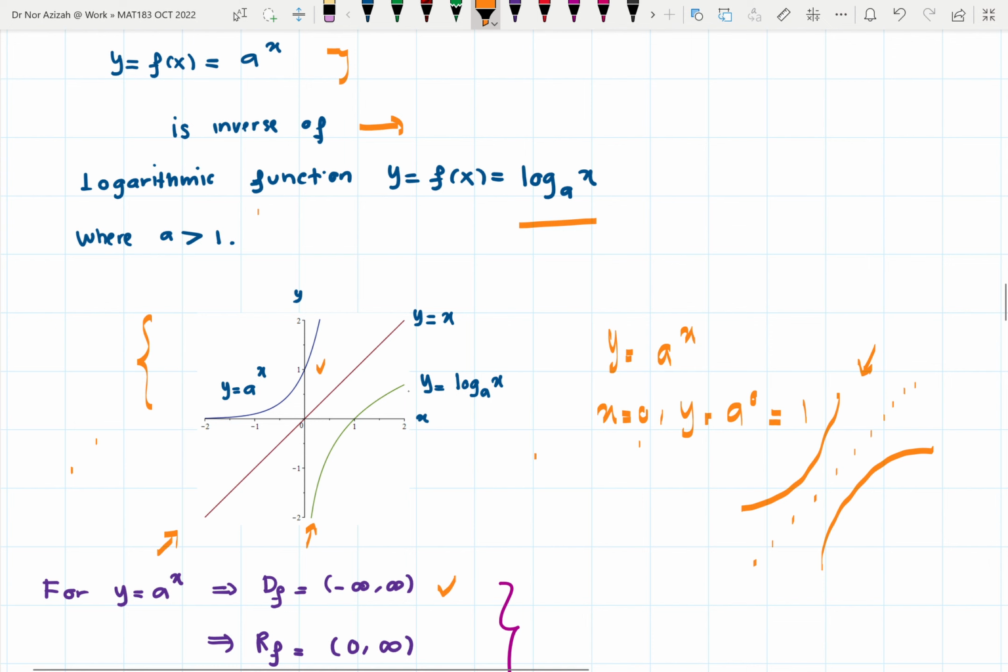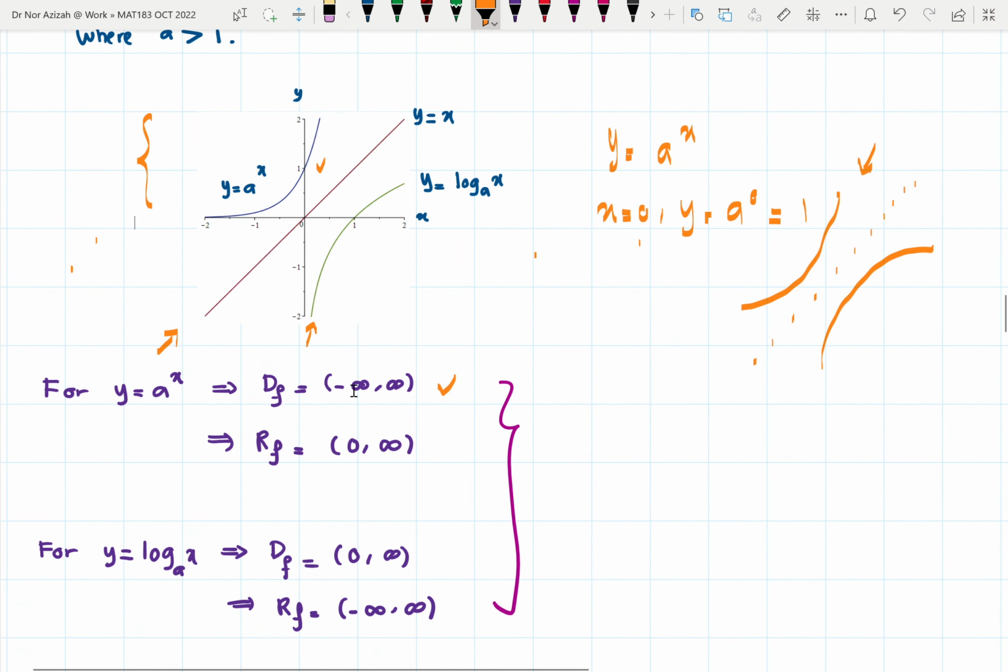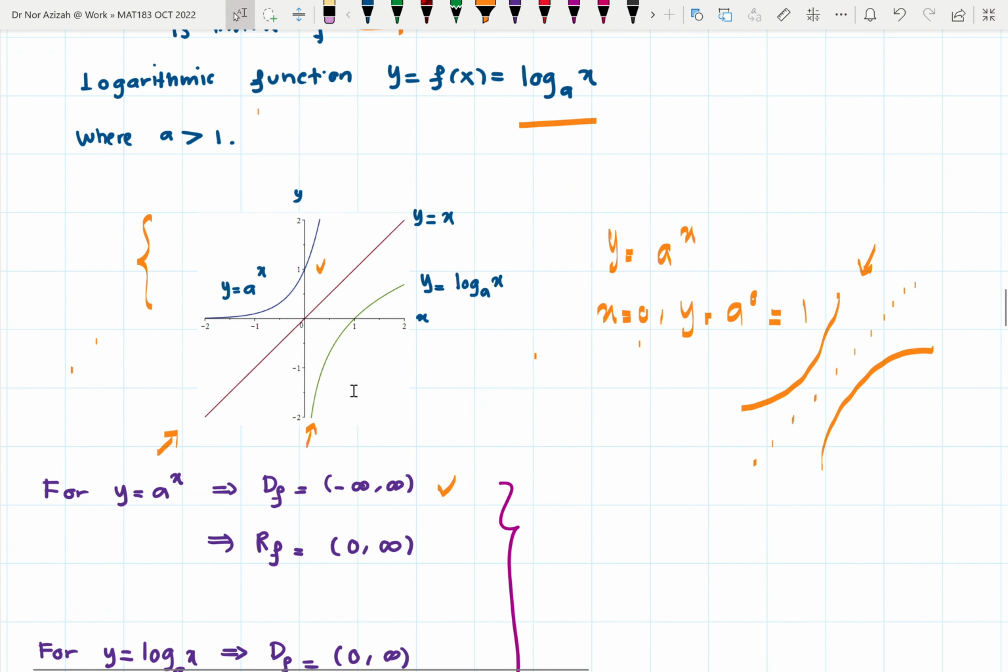What is the minimum value for y? I told you before, this line gets close to y equals 0, but does not touch the line y equals 0.